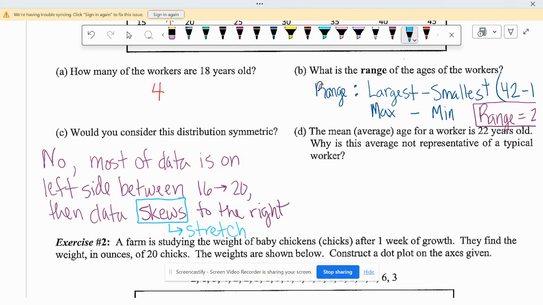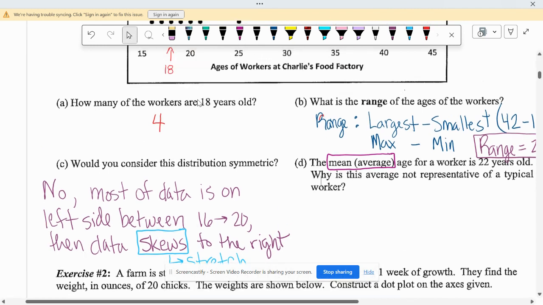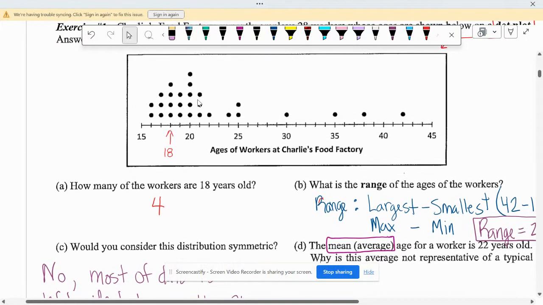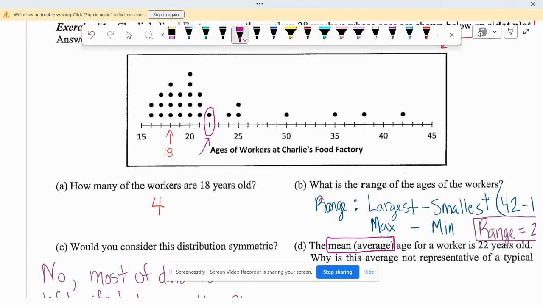It says that the mean, which is the average, so I'm going to put a box around those because the mean, that's a vocabulary term. The mean, or the average age for the workers, is 22 years old. Let's look at our data really fast. Here's 22 right here.